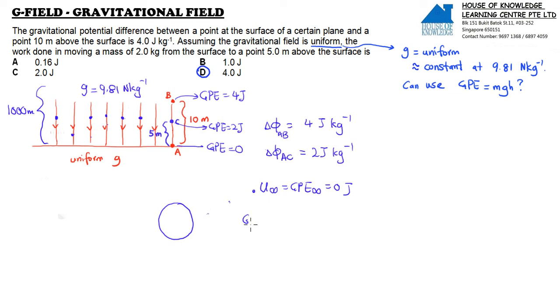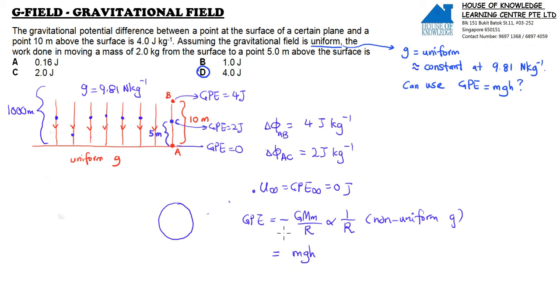Remember GPE equals negative GMm over r; it is actually inversely proportional to r. But this is only true for non-uniform g. In fact, GPE also equals mgh.